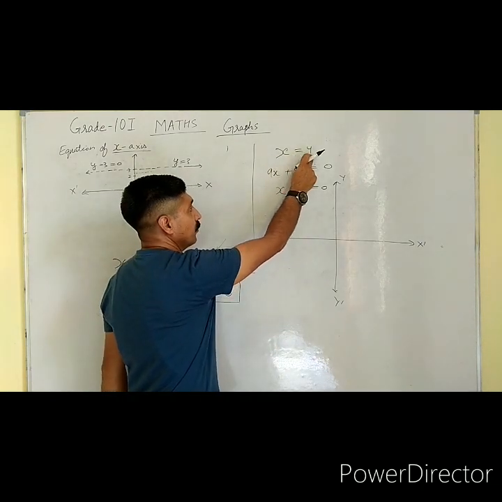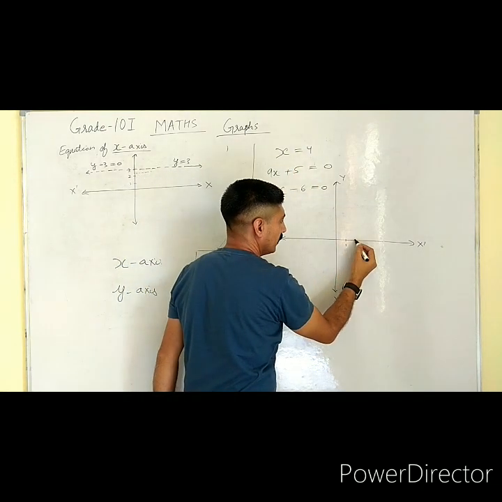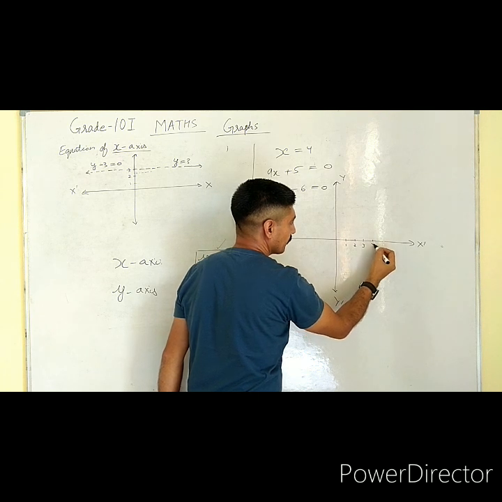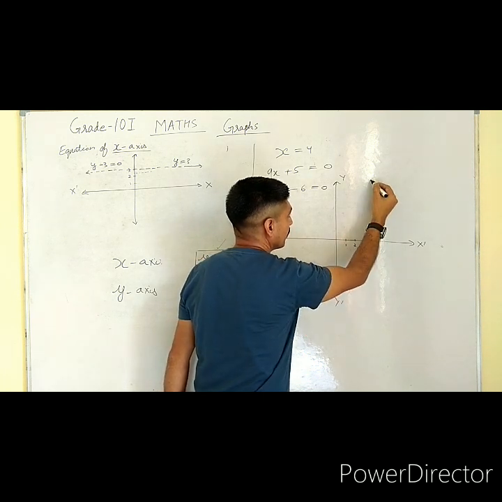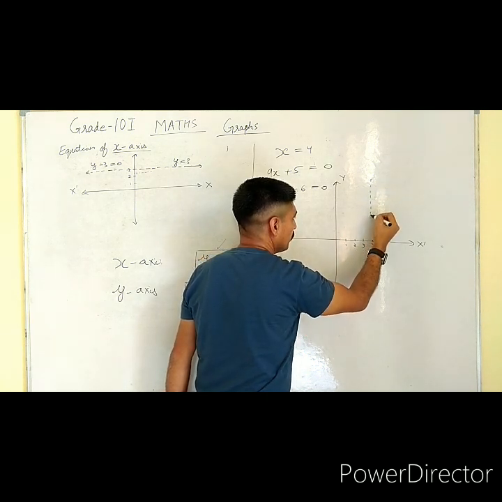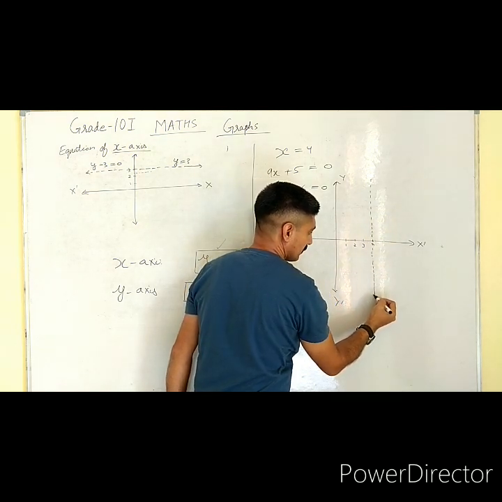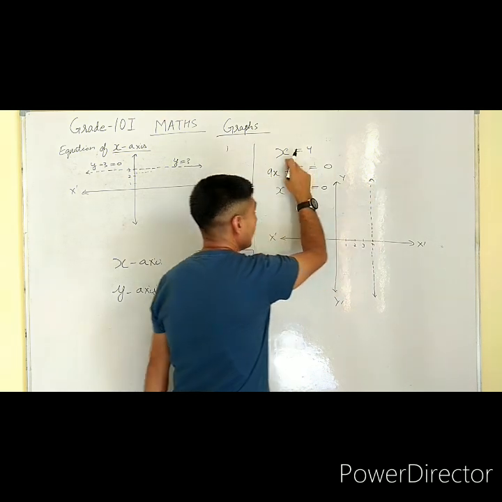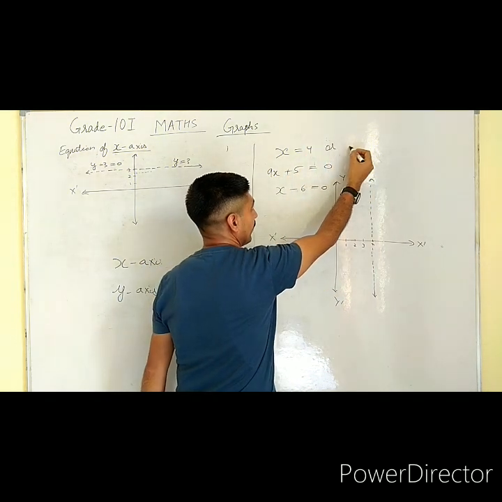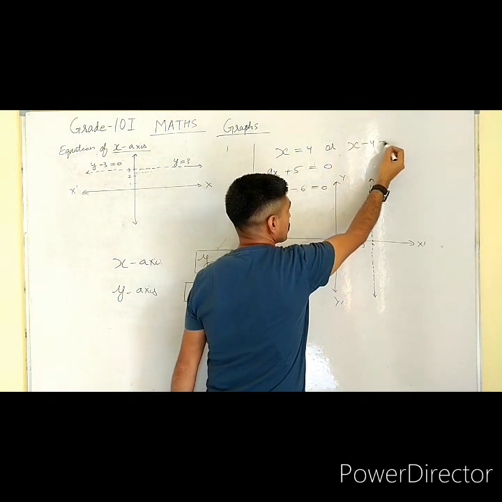If x is equal to 4, the value of x, 1, 2, 3, 4. So if we substitute the value, this is the equation of the line, that is x is equal to 4, or we can write x minus 4 is equal to 0.